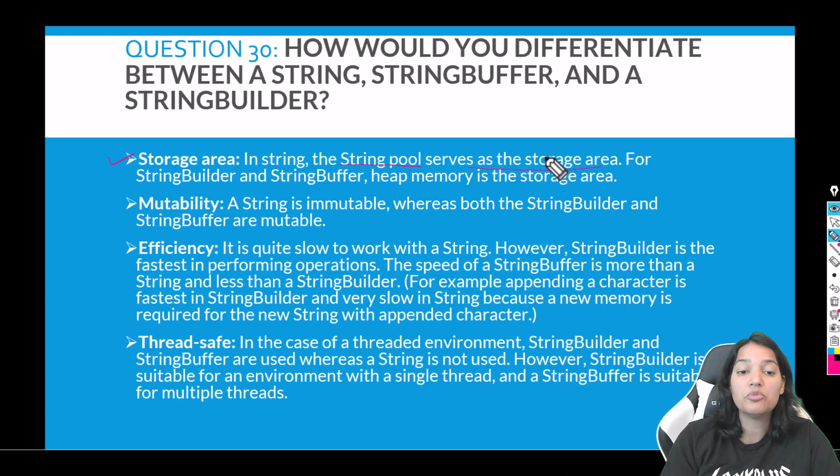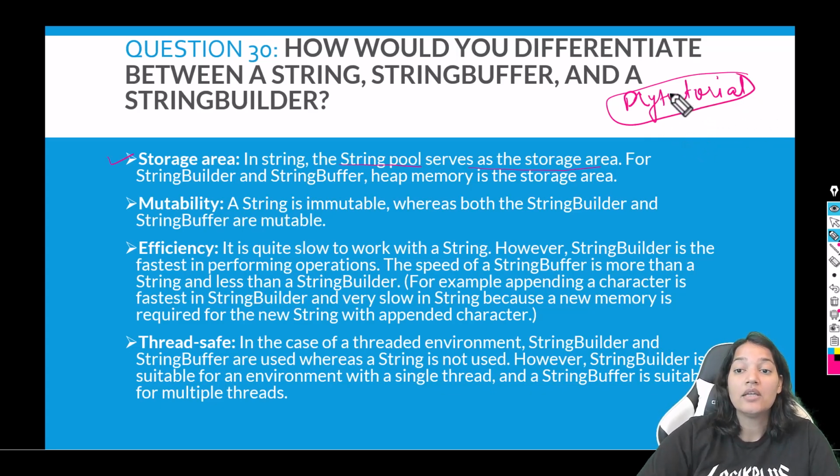Mutability means, can they be modified? A String is immutable, which means you cannot modify a given string. As I gave you the example previously, if you have created a string with the name mytutorialrack and you want to add .com to it, the original string will still remain in the string pool, but you will end up creating another string, mytutorialrack.com, which will take more space in your memory.